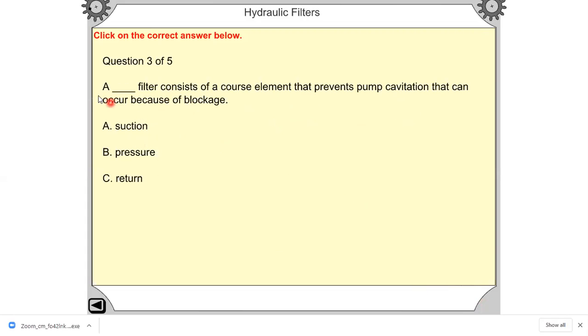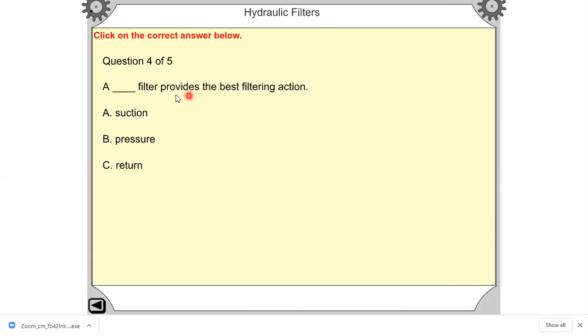Then a dash filter consists of a force element that prevents pump cavitation that can occur because of blockage. Which filter causes pump cavitation, suction, pressure, or return? It is the suction filter. Then which filter provides the best filtering action?